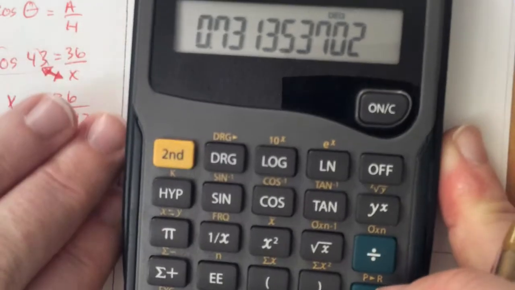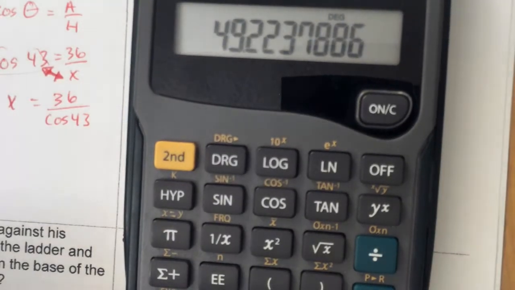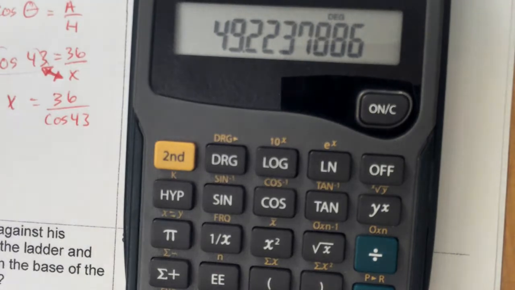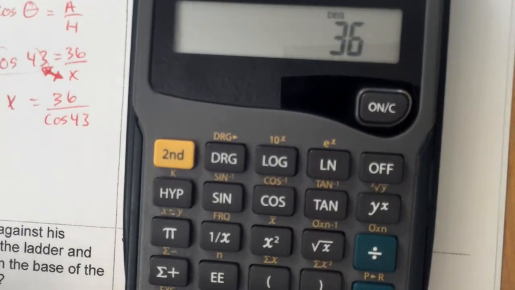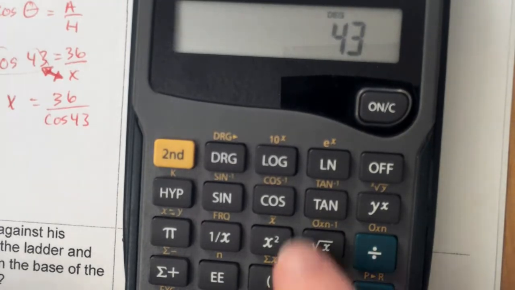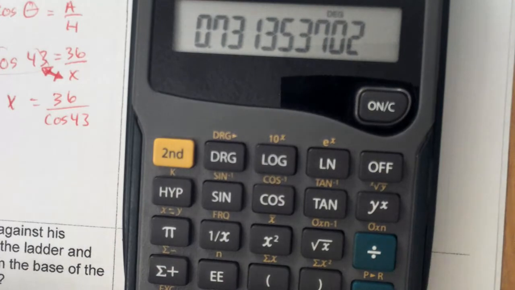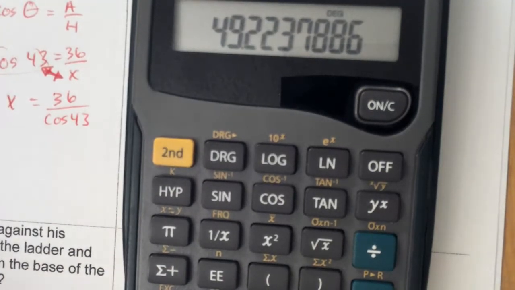And you have to push the equal sign, and there's your answer. One more time: we did 36 divided by 43 cos, equals, and there's our answer.